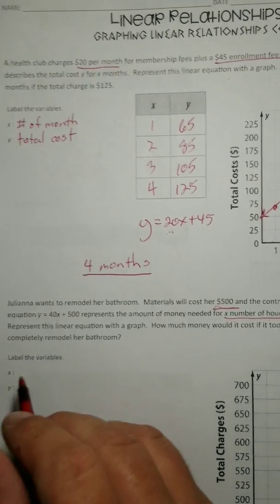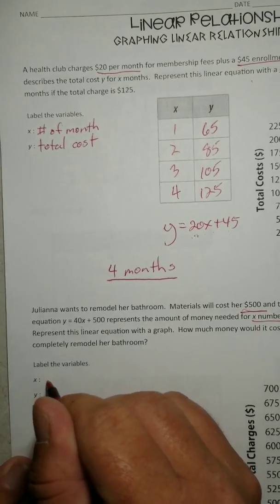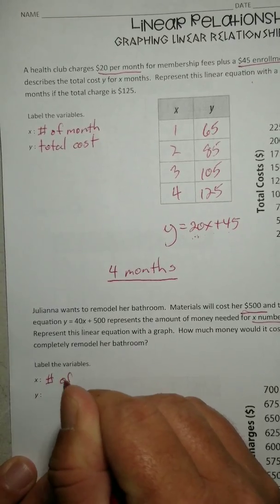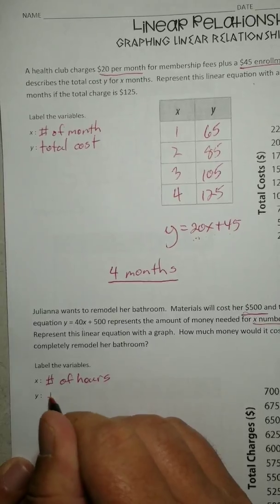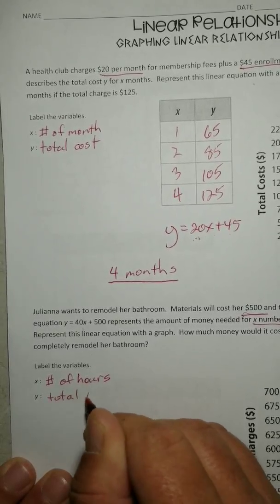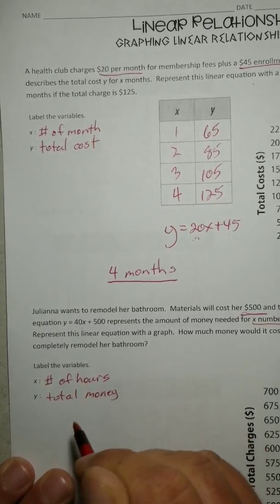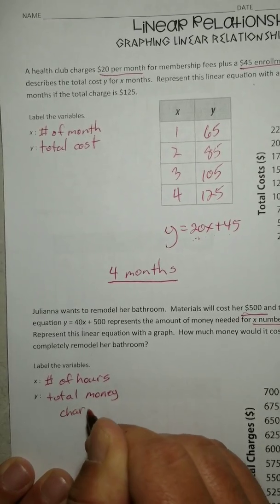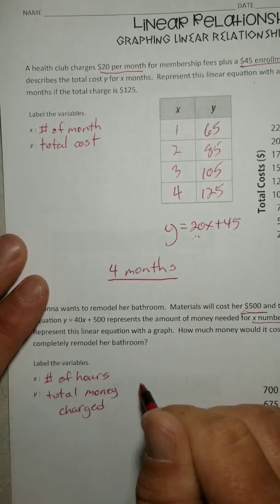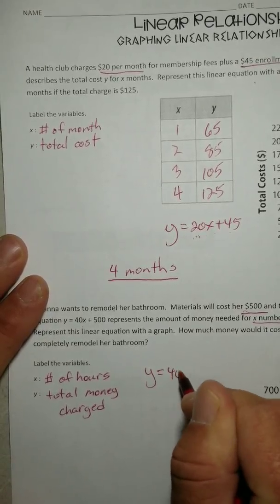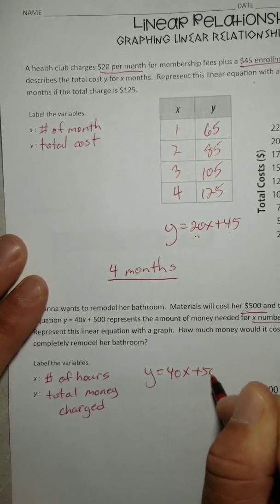So x is number of hours. y is total money charged. All right, here's our equation: y equals 40x plus 500.